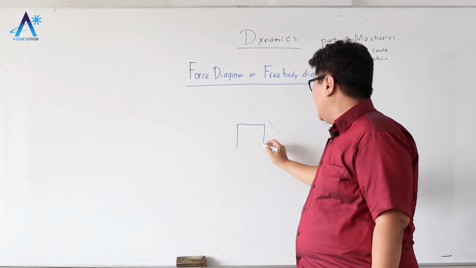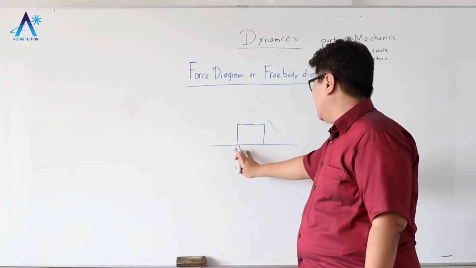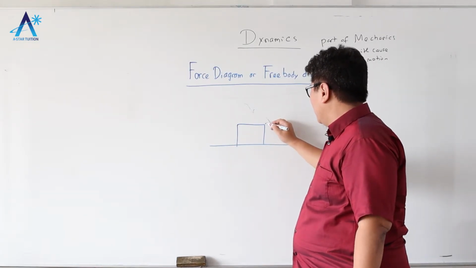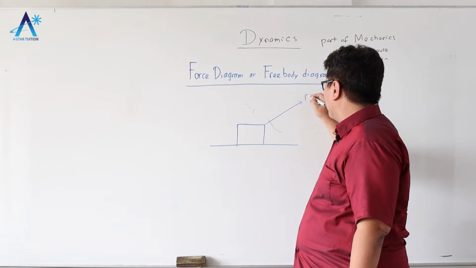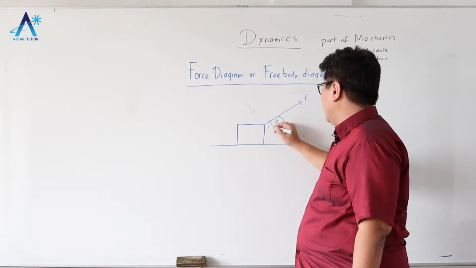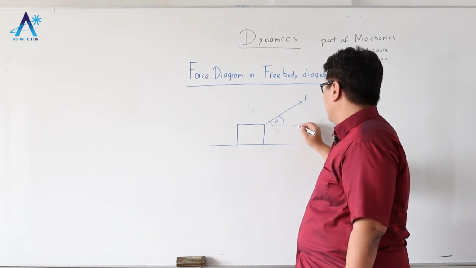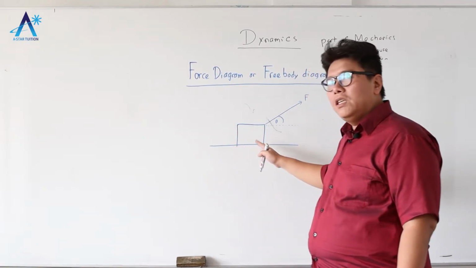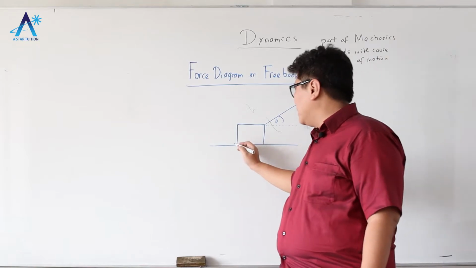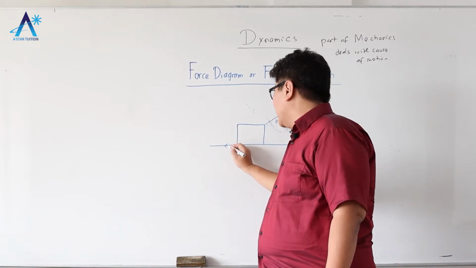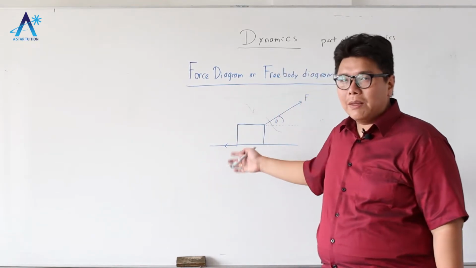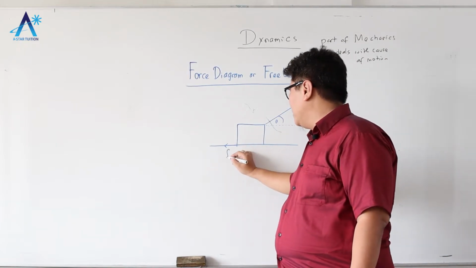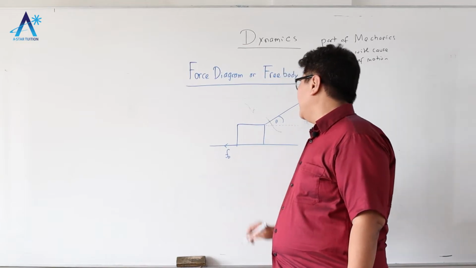Let's say, for instance, you apply a force F at an angle theta. Let's say the object is already in motion, but there is friction. In this case, the friction is the dynamic or kinetic friction, because the object is in motion. So this is Fd.